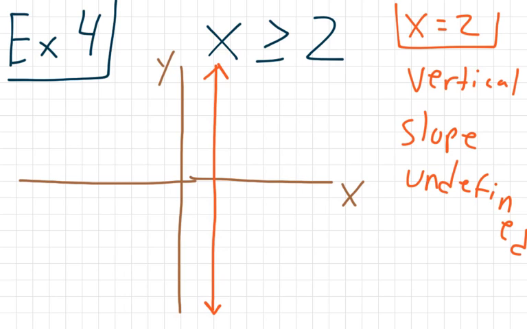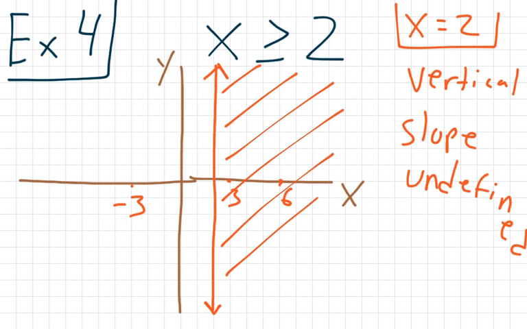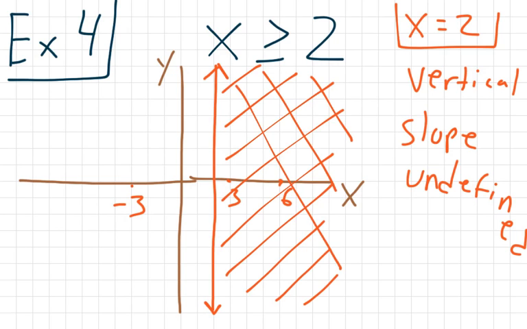Right there, x is 3. Right here, x is 6. Back here, x is -3. Well, which side's more than 2? This side is more than 2, right? That's what it says. x is more than or equal to 2. So this side gets shaded. If this was a less than sign right here, you go to the left. So that's how that one works.